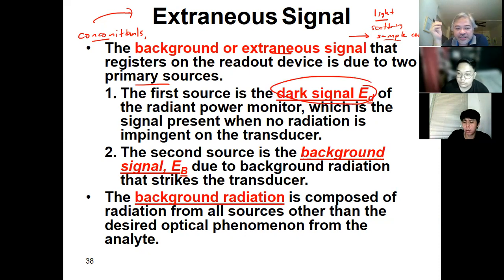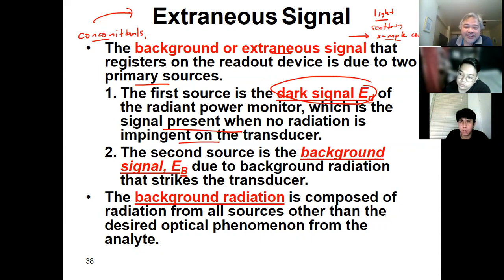The dark signal of the radiant power monitor is the signal present when no radiation is impinged on the transducer. So it's already there, even if you put no radiant energy, it will give you a signal.